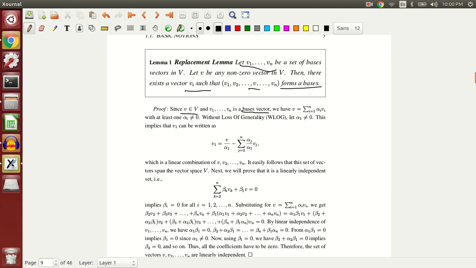So essentially what you can say is this v is equal to alpha 1 v1 plus and so on.